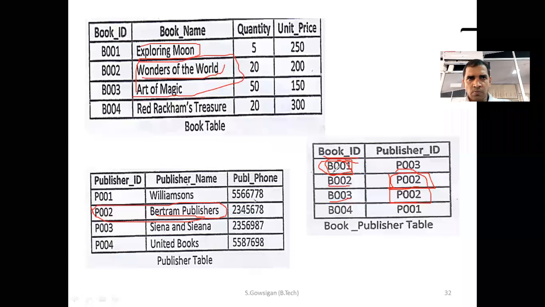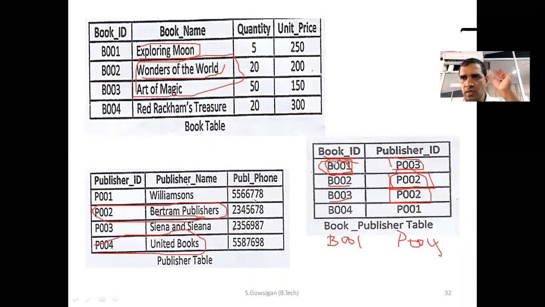Assume for Exploring Moon there are two publishers. The first publisher is P003, which means Siena and Siena. And there may be another publisher, so I have to write the book number again, B001. Assume the publisher is United Books, so I have to write P004. Have you understood my argument?